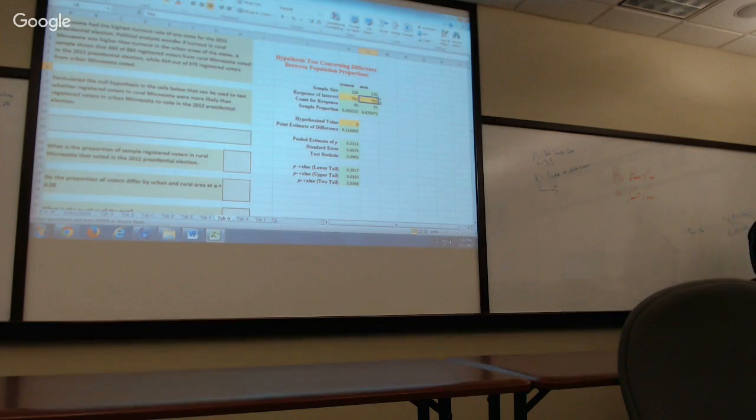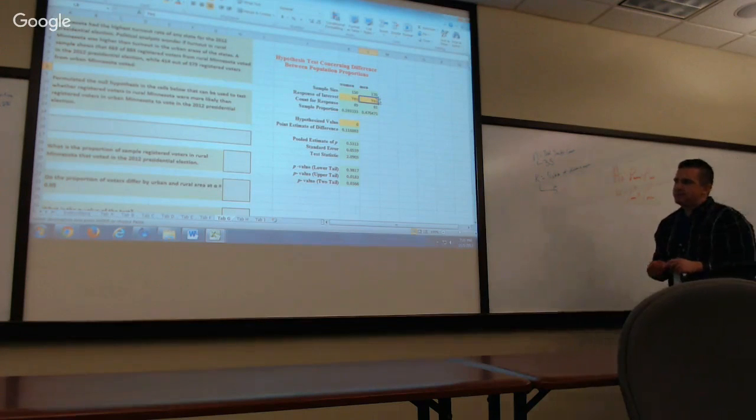Formulate a hypothesis in the cells below that can be tested. So what does the question ask us? The question says, political analysts wondered if turnout in rural Minnesota was higher than turnout in urban Minnesota.